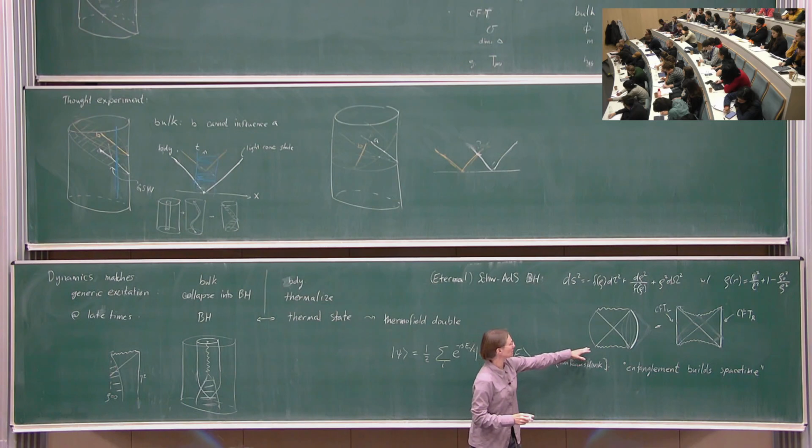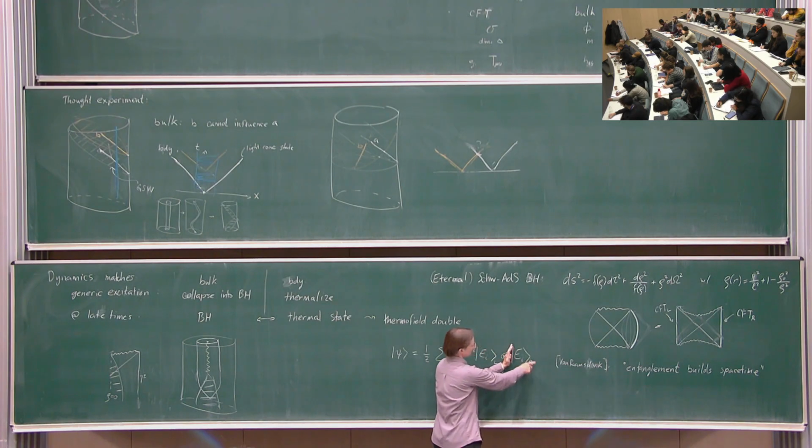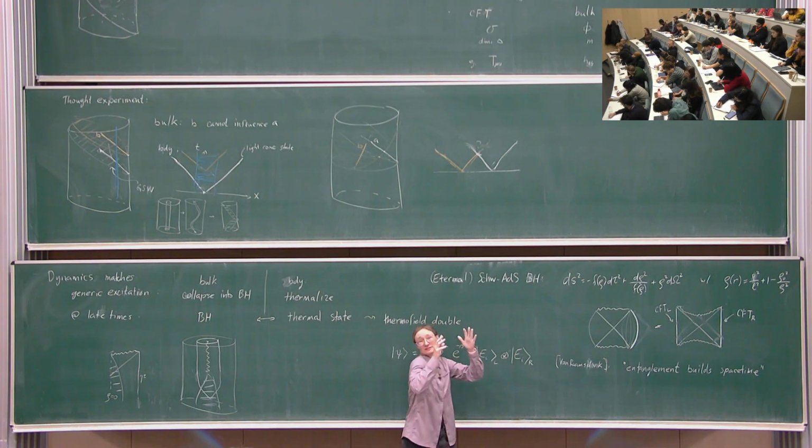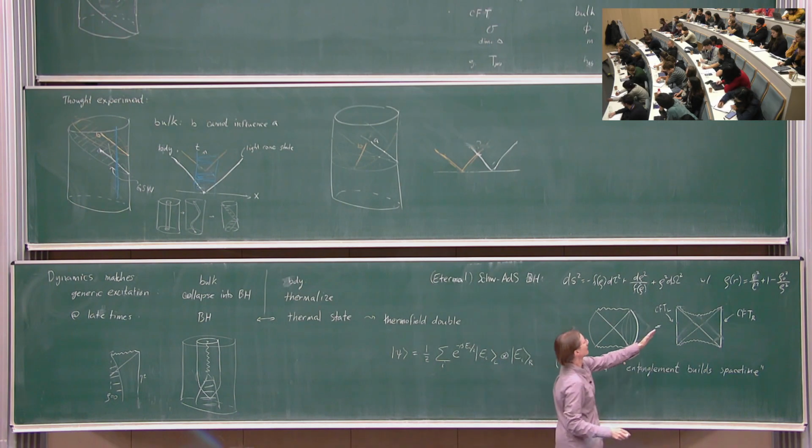Which initially is just motivated by saying, well, each of these energy eigenstates is just in one CFT, so what would it look like from the bulk?